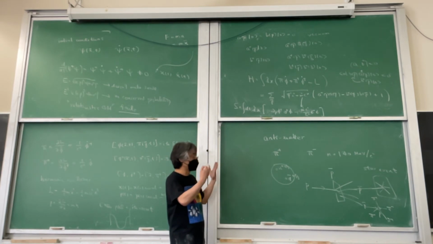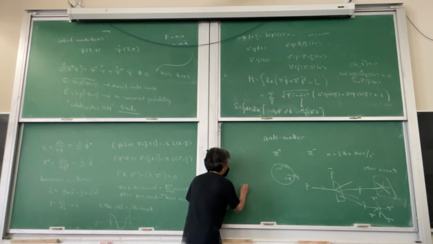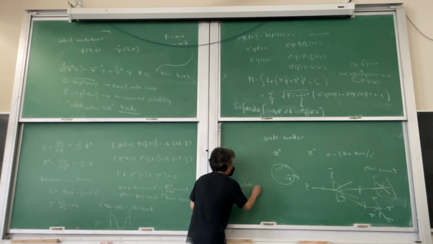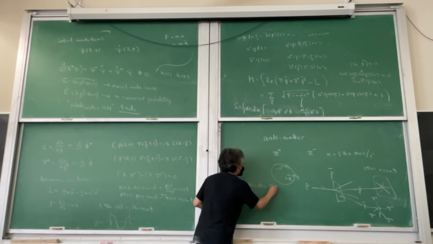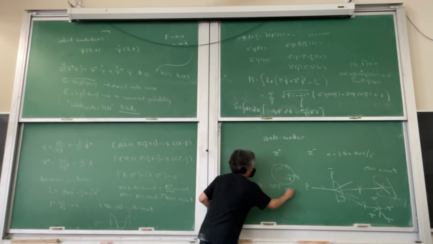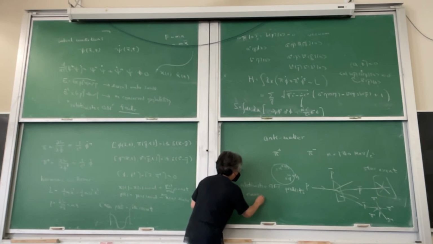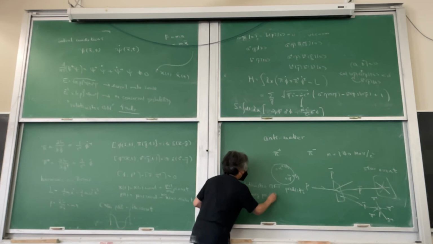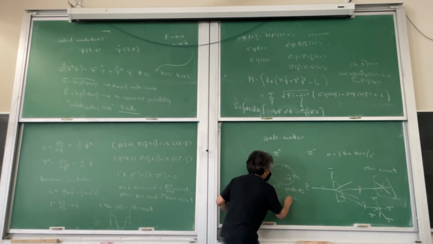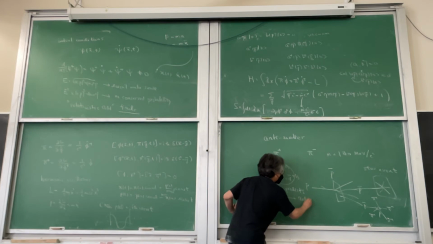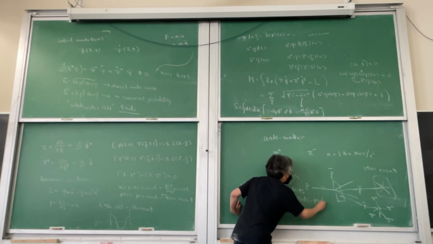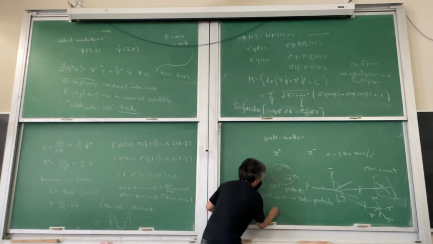Namely, relativistic QFT predicts that every particle has an antiparticle of the same mass.